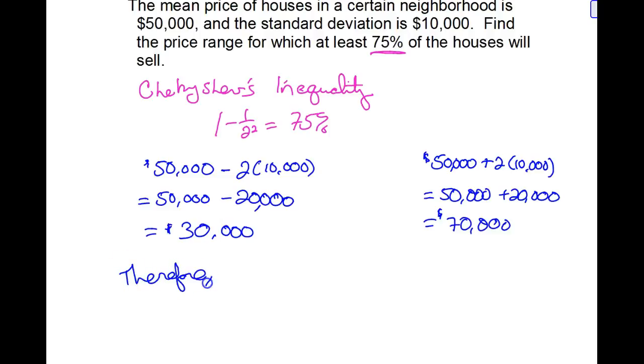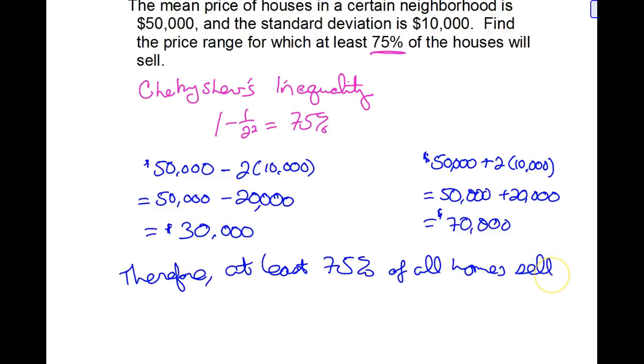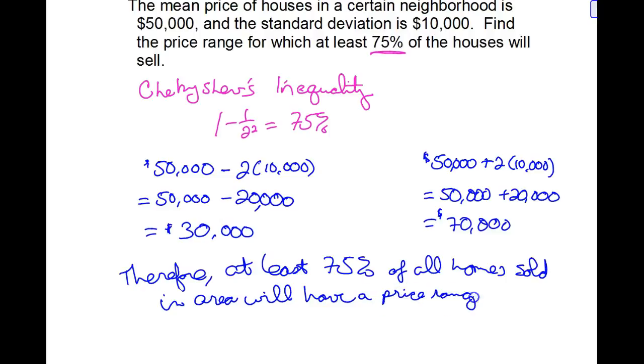Therefore, we don't know exactly, but at least 75% of all homes sold in the area will have a price range from $30,000 to $70,000.